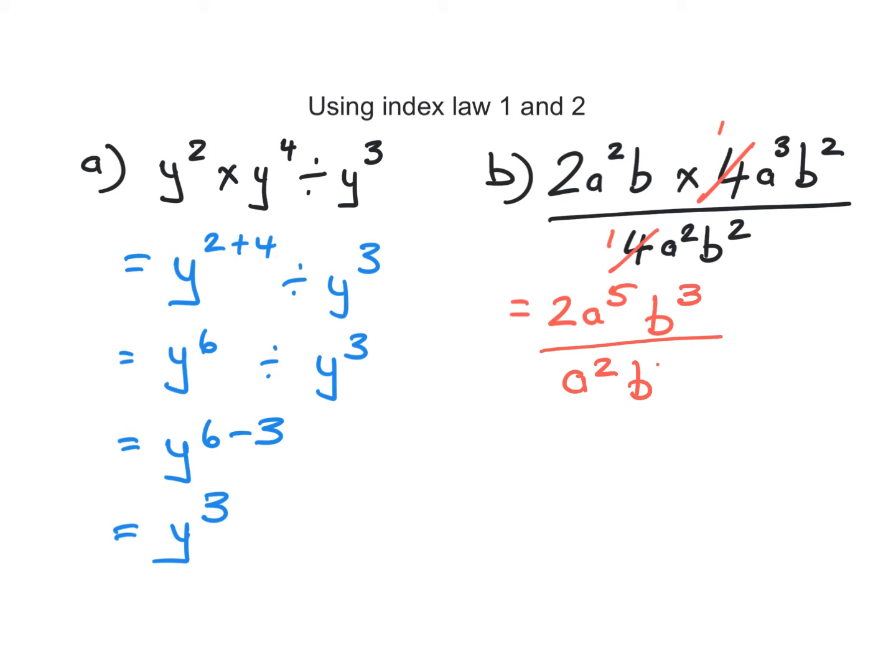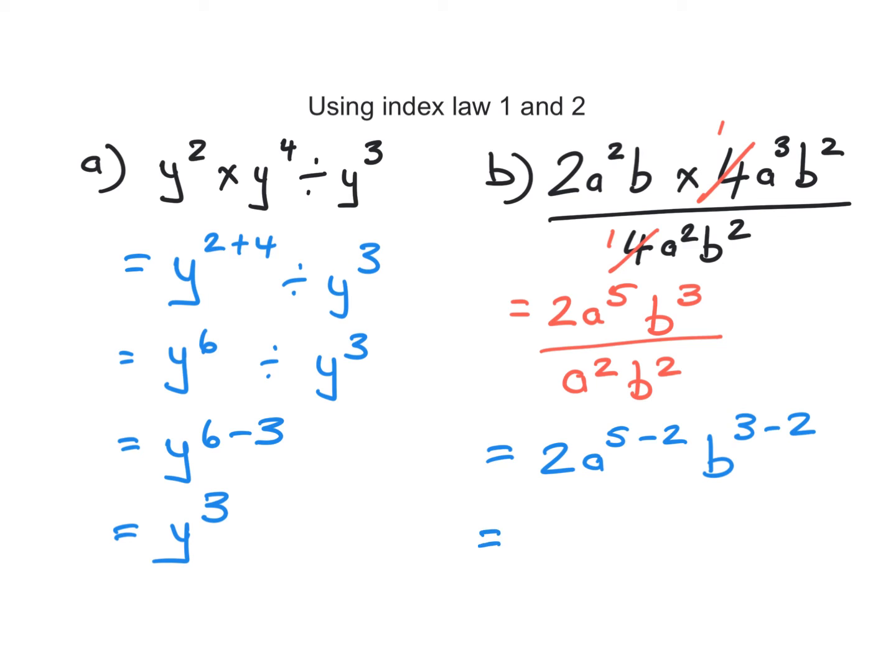The next thing I need to do is sort out my division, and my law with division means I need to subtract these powers up here. So I'll go ahead and do that. So I'll have 2a to the 5 minus the 2, and that comes from down here, b to the 3 minus the 2, and the minus 2 comes from down there.